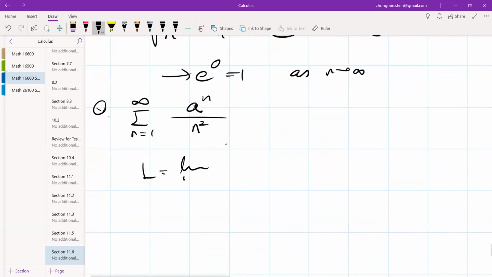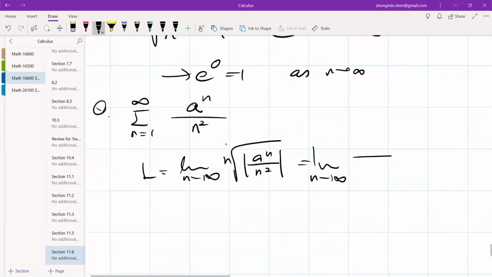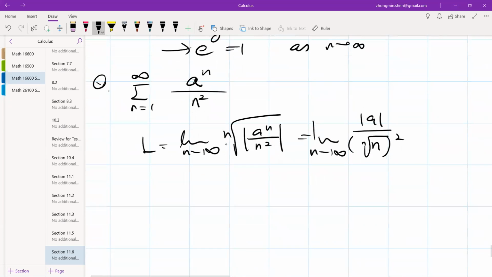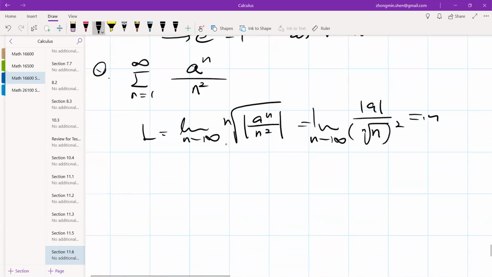Let L be the limit of the nth root of the absolute value of a_n. So when I simplify, the numerator is just the absolute value of a. The denominator is actually the nth root of n, then squared. So it is going to be the absolute value of a, no problem, because the nth root of n approaches what?